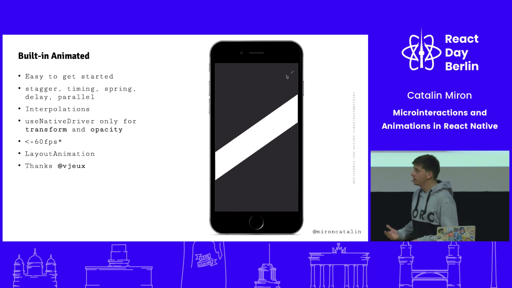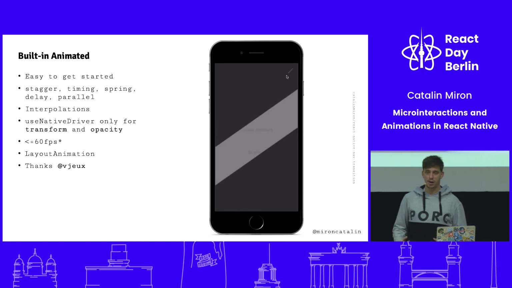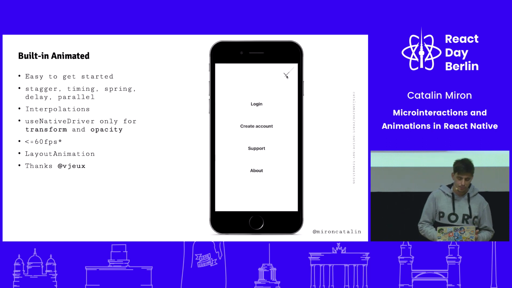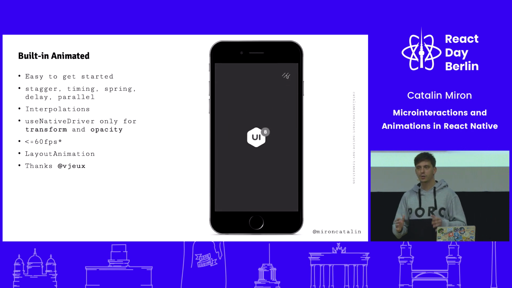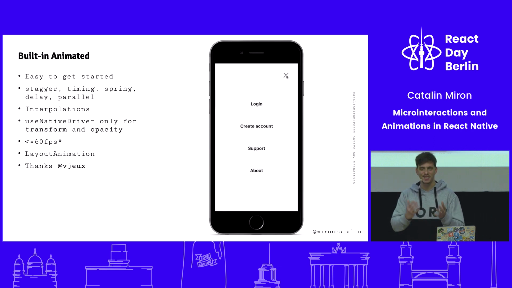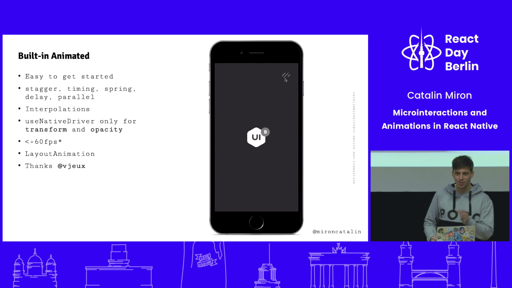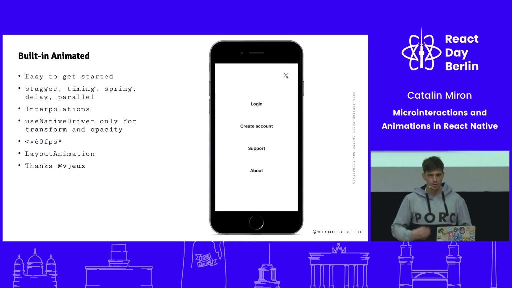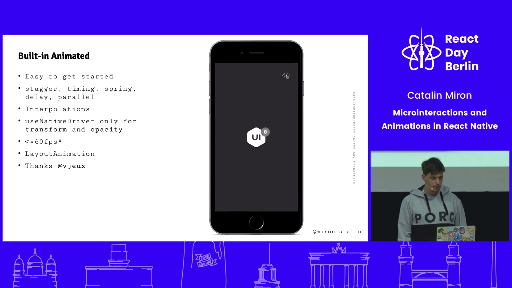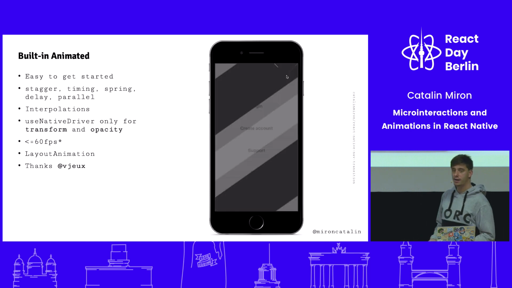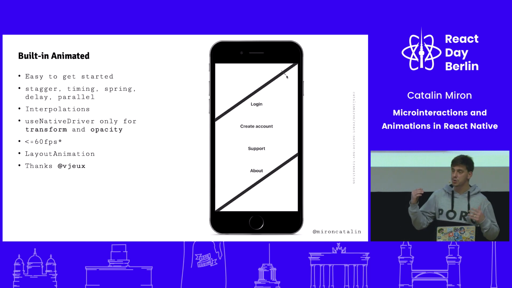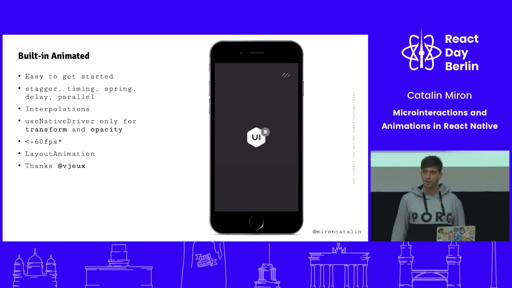The first one is the built-in Animated API that exists in React Native. I know that it's bad to say easy during a talk, but it's really easy to get started with, just to get your hands dirty. It also has stagger, timing. You can do spring, which is physics-based animation.